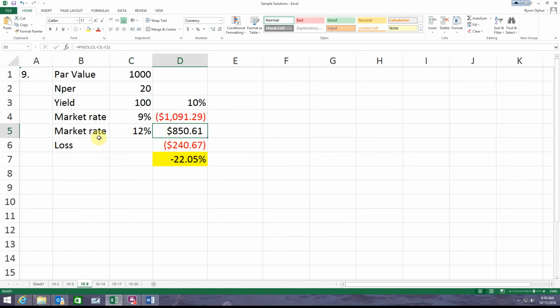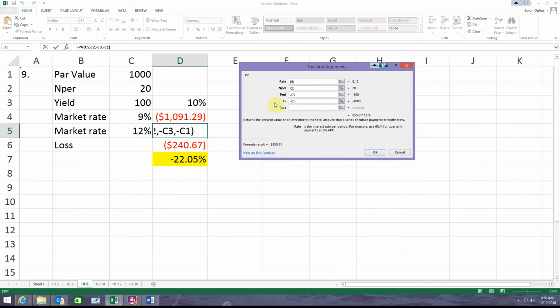But in any event here, remember, I'm selling it here, right? Okay, so I'm going to sell it, and so my rate is going to be my 12%. My number of periods is my 20, but I'm giving up the payment, right? I'm not going to be getting the payment anymore, so I'm going to put that in as a negative.